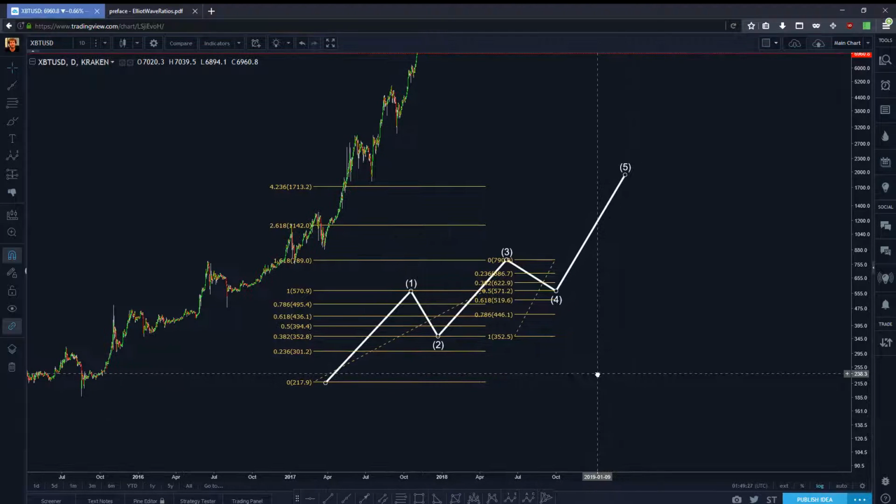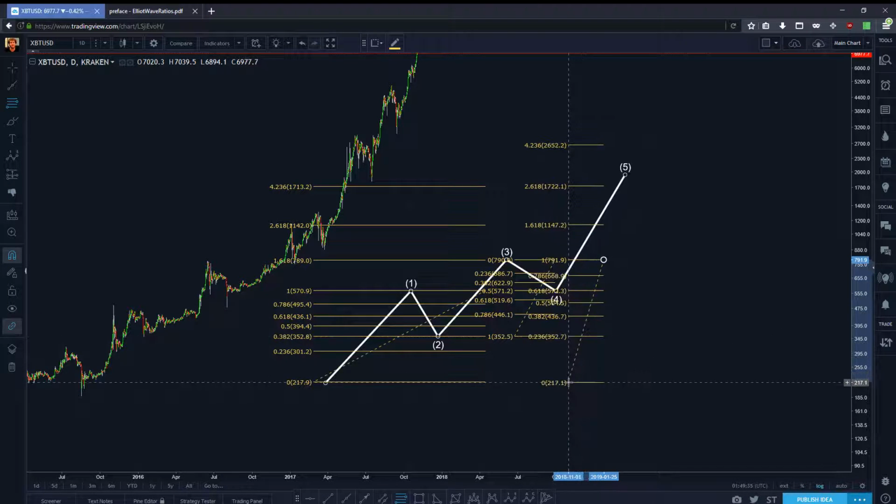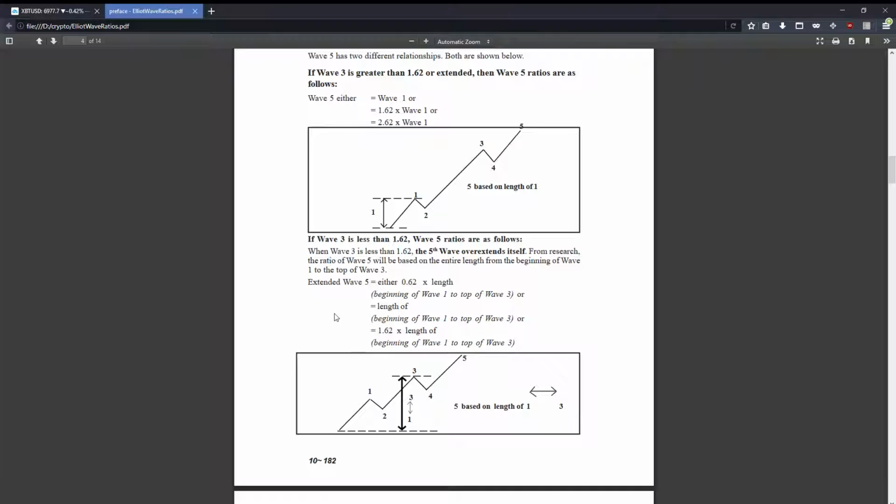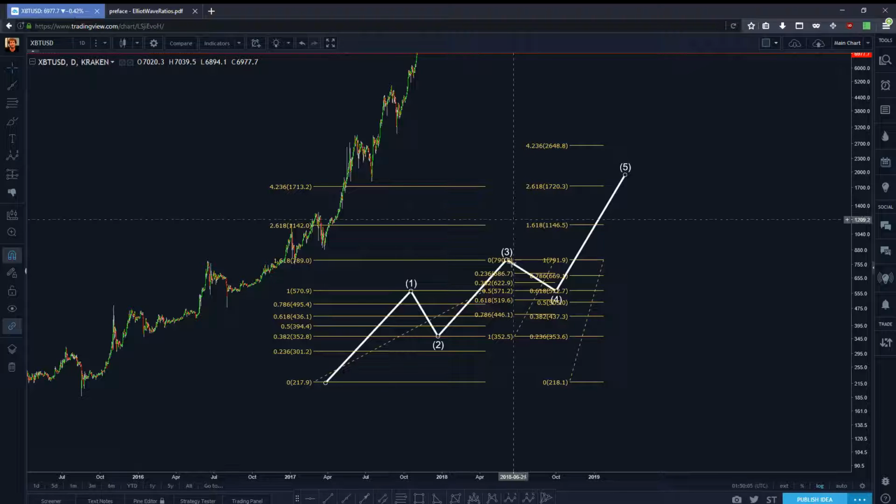I actually haven't ever had to draw this before, so we're doing an extension, so we'll start at the top. We'll draw it down to our 0 level. And here we go. So now that we have our fibs drawn in place, okay, so it can be either 0.62, 1, or 1.62.